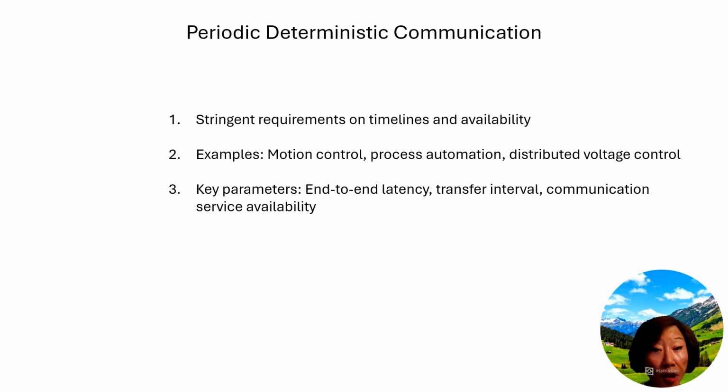Managing multiple periodic flows with different periods is a complex scheduling problem. 5G systems use sophisticated scheduling algorithms that can handle mixed periodicity traffic. This might involve techniques like earliest deadline first scheduling, EDF, or rate monotonic scheduling, adapted for the wireless environment.